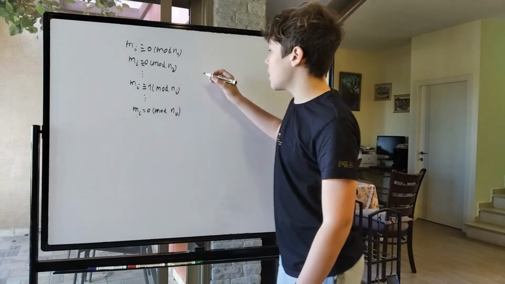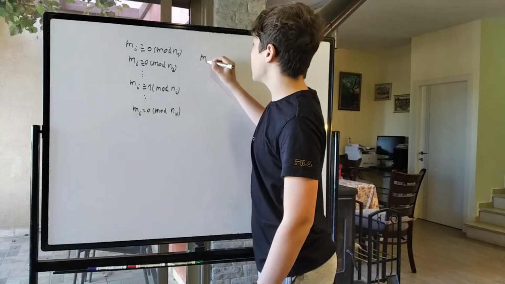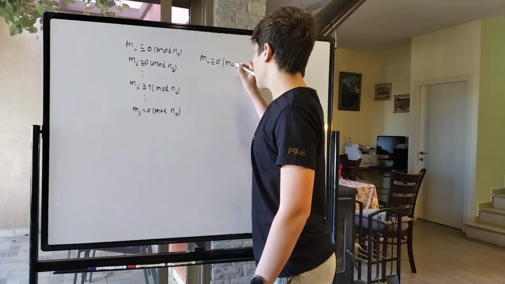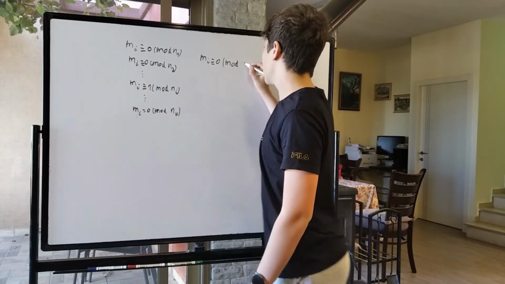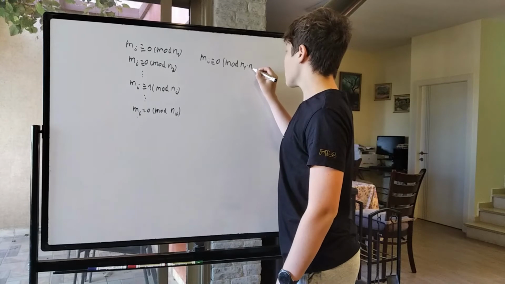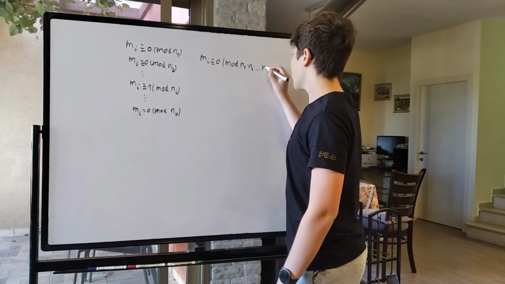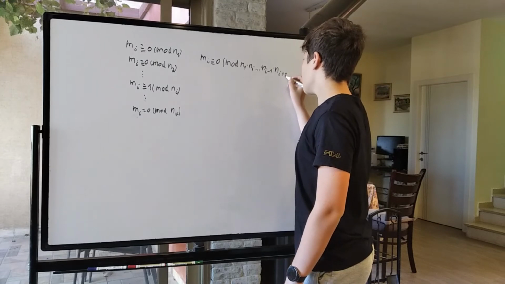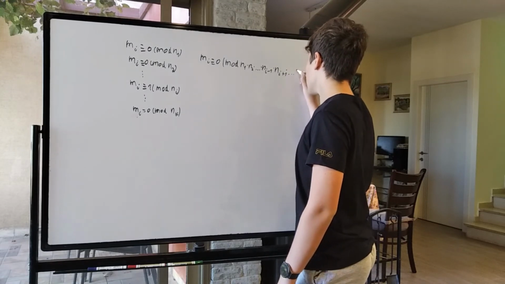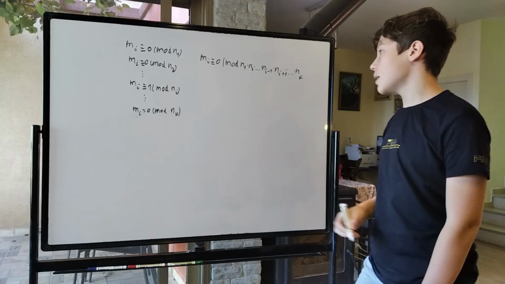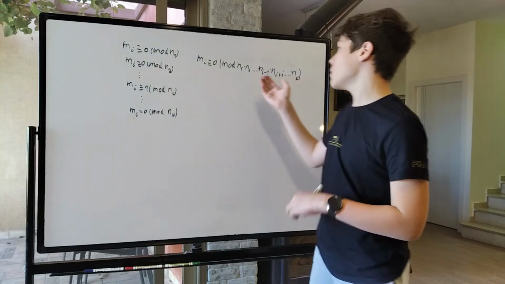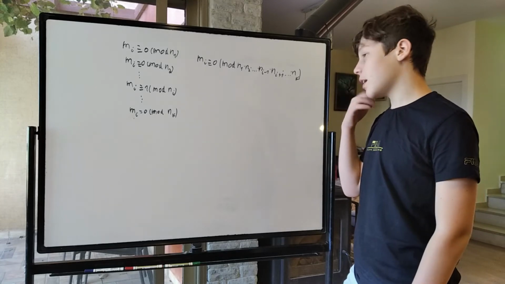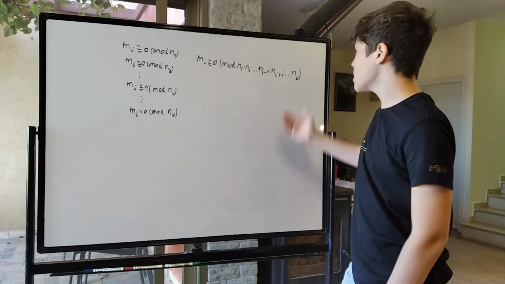So, now we know mi is simply congruent to 0 mod n1 times n2 all the way on to times ni minus 1 times ni plus 1, then continue on until times nk. But this will be very annoying to write again and again.